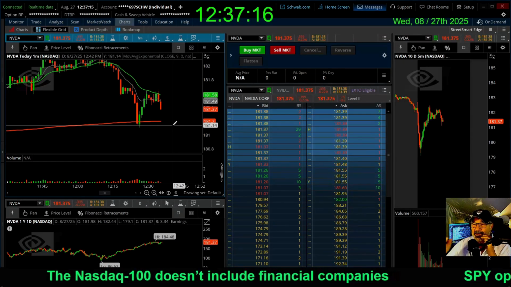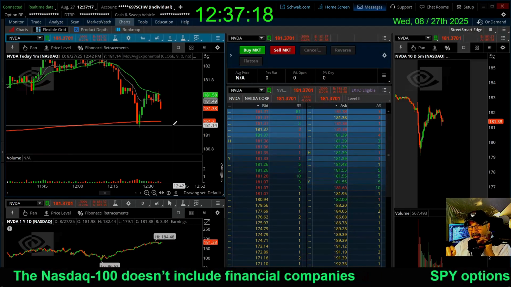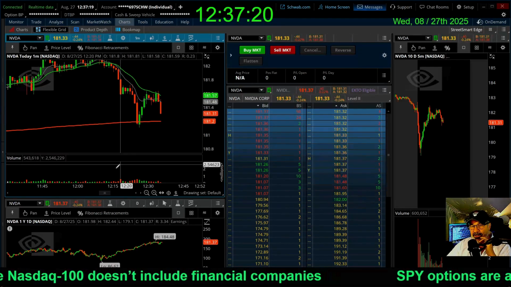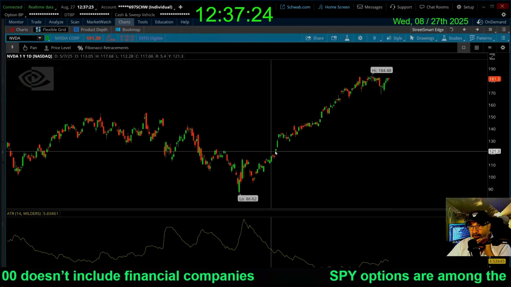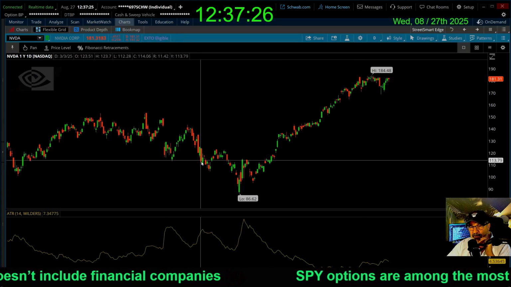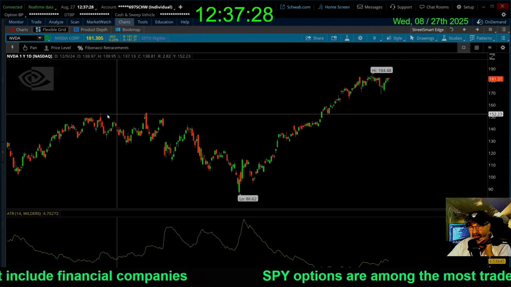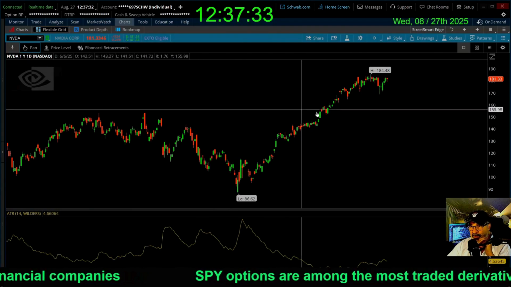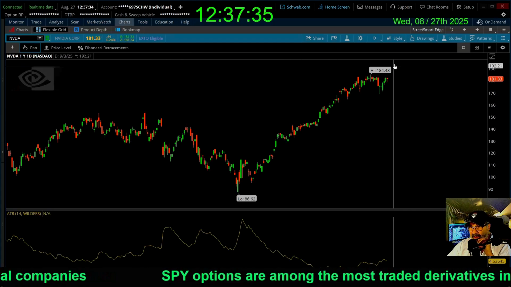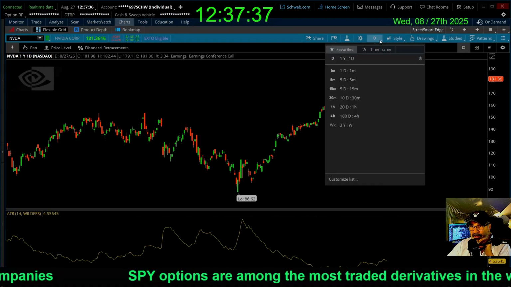But let's talk about one of the most important things that help you decide when to go in or go out. I'm going to open up a day chart. Every one of these candles represents a day. So this is a great distance of time here, right? I guess I'm as far back as it goes on NVIDIA, the way I have this chart set up. But you could go back even further.